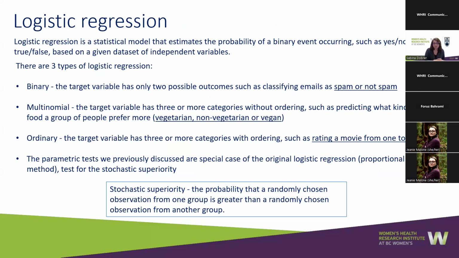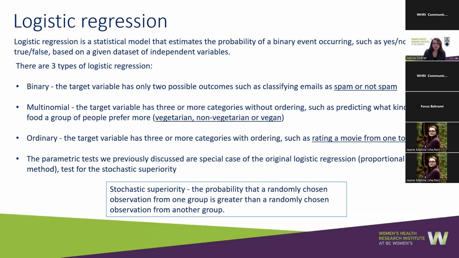This is logistic regression. Logistic regression estimates the probability of a binary event. And actually there are multiple types of logistic regression. For binary outcomes, we're going to use the logit link function, because the outcome has 2 categories, like spam, not spam, died, not died.